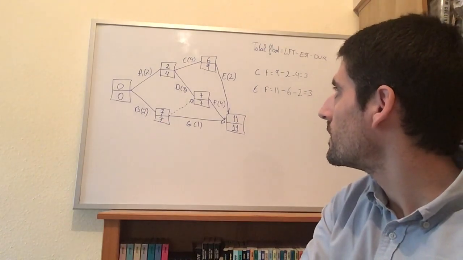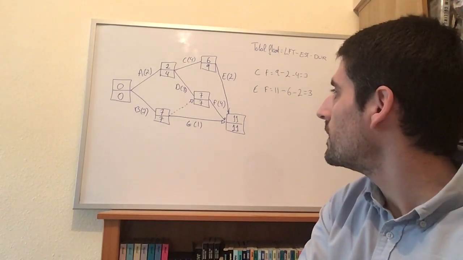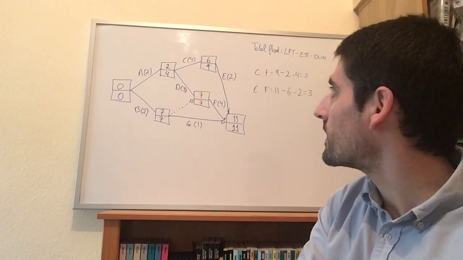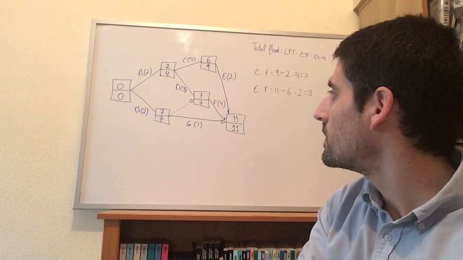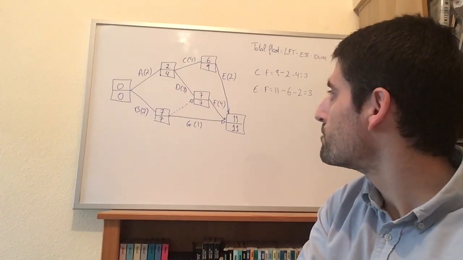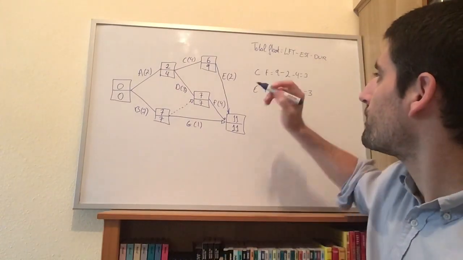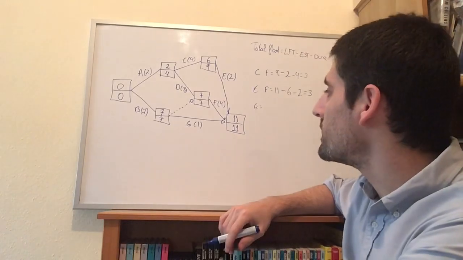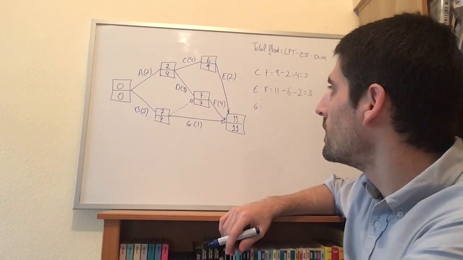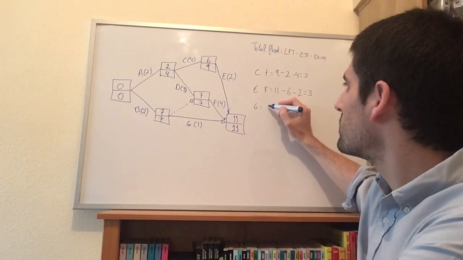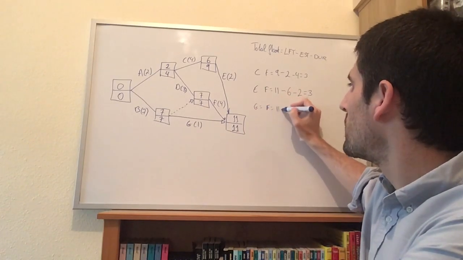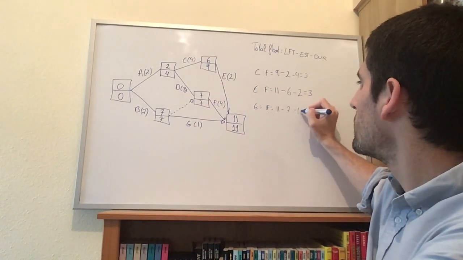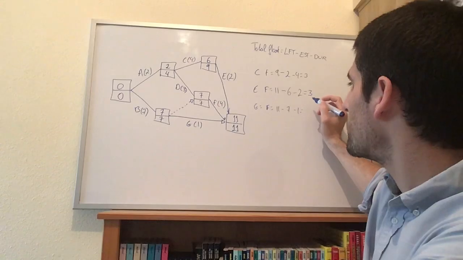The other activity that is not critical was G. So for G, the late event time was 11 minus the earliest, which is 7, minus 1, which is another 3, isn't it?